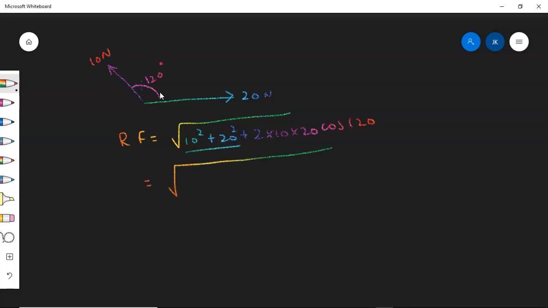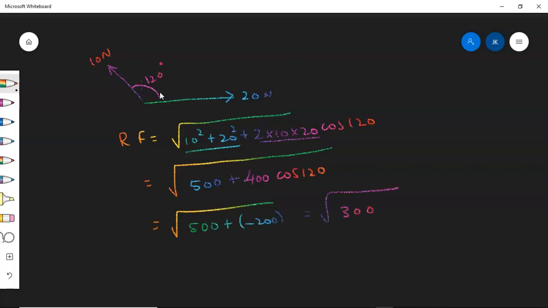So these two values give 500 plus 400 cos 120, which will be minus 200. Square root of 300. Answer is almost 17 Newton.